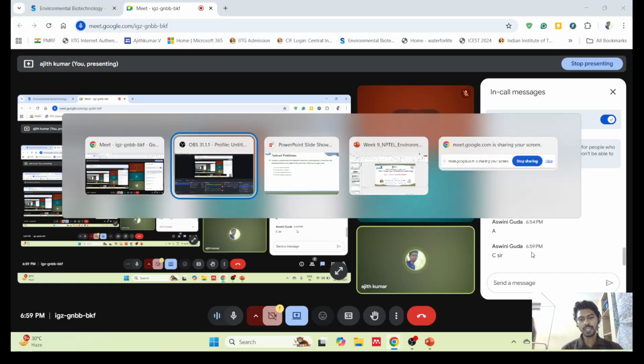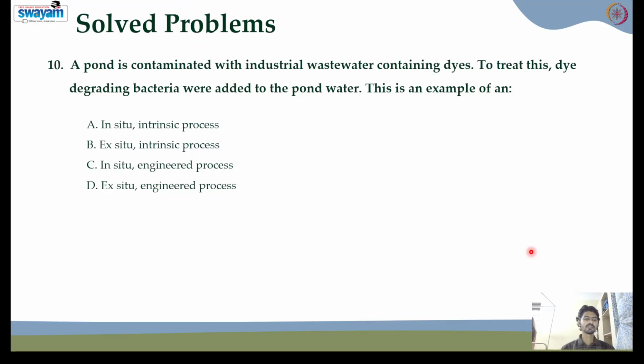Option C. Okay. Any other answer? Any other answer?